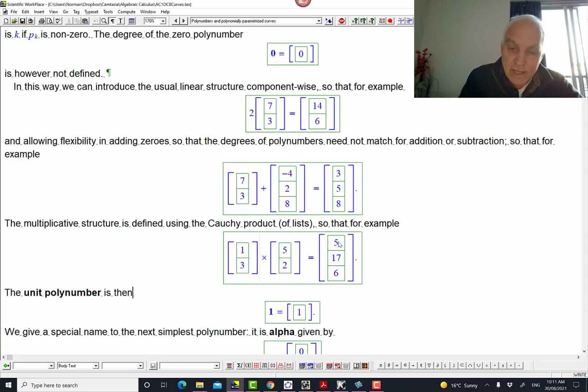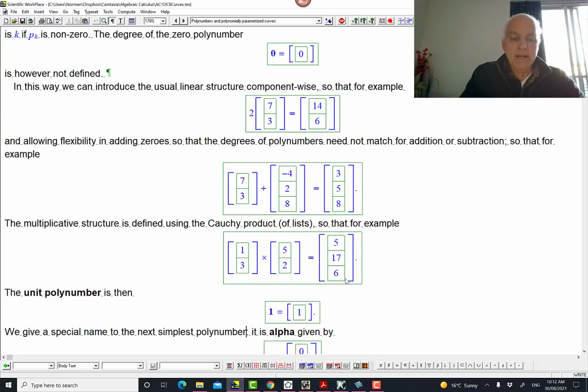The 0th entry here is the product of 1 times 5. The 1 entry is the product of the 0 entry here and the 1 entry here, so 1 times 2, plus the product of the 1 entry here and the 0 entry here, so plus 15, for a total of 17. And the 2 entry is obtained by the product of the 1 entry and the 1 entry, which is 6.